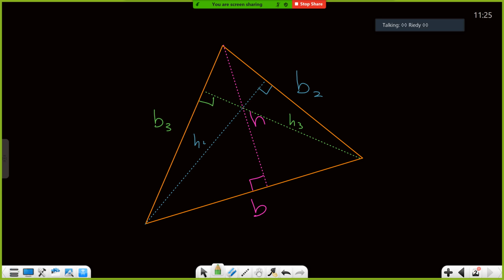So depending on what, wait a second. Bonus question. What's special about that point? Which one is it? Is it the perpendicular bisector? No. 1 down, 3 to go.